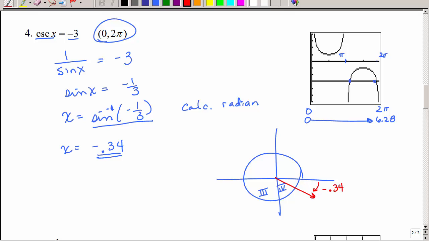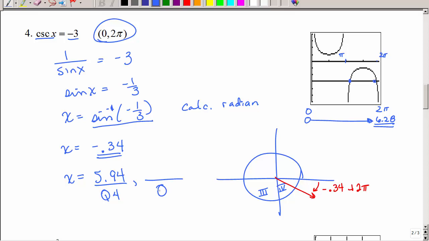Well, in problem number 3, the example right before this, how did we make a negative angle into a positive angle? We added 2 pi to it. Right, so negative 0.34 plus 2 pi is about 5.94, which is definitely less than 6.28. That's in quadrant 4. Right.